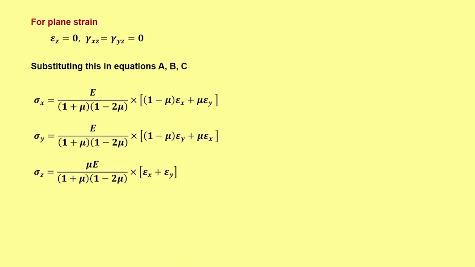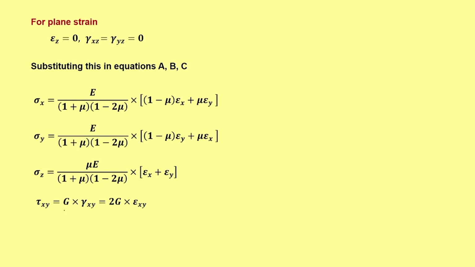Sigma y and sigma z: so, for sigma z, the expression is this. It is slightly different from the earlier one, because here the contribution of sigma z goes away. So, you are left with mu into E upon 1 plus mu 1 minus 2 mu into epsilon x plus epsilon y, and tau x y is equal to g into gamma x y.